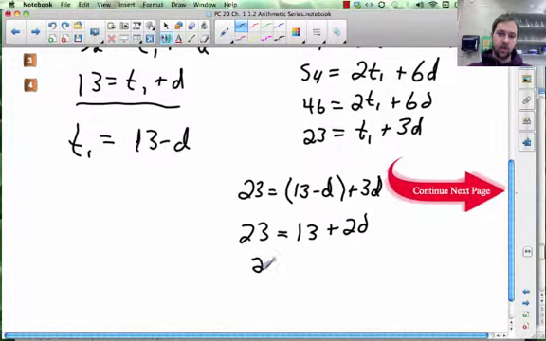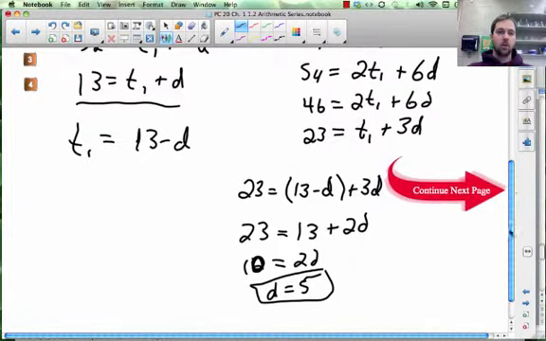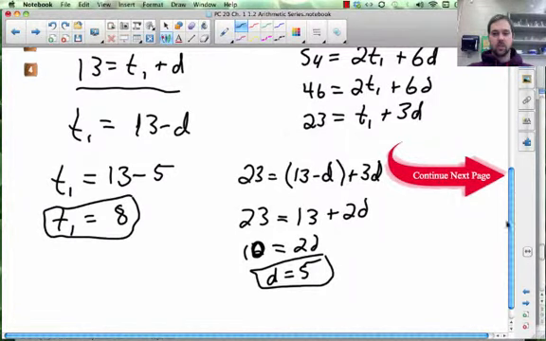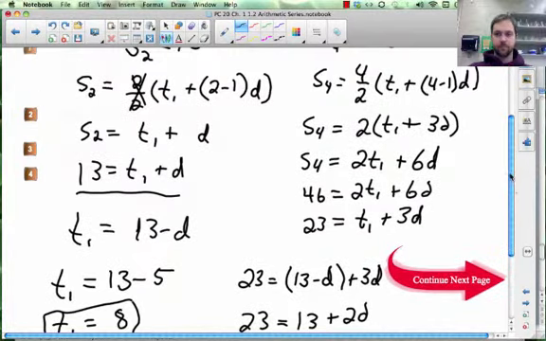Subtract 13 and we get 10 equals 2d, d equals 5. So we have an important number already. We have our d. Now we need to find the value of T1. Now that we know d, we can replace it in here to find T1, which is 13 minus 5. And that gives us a T1 value of 8.